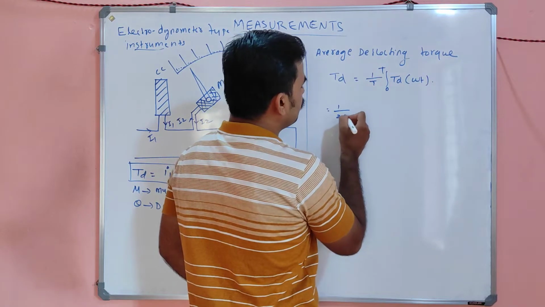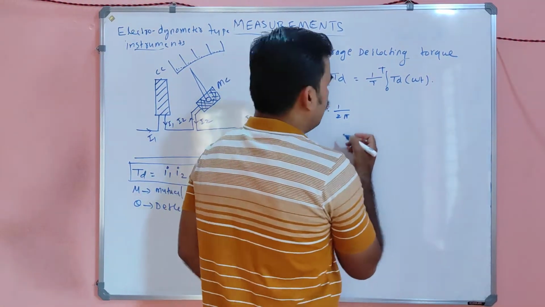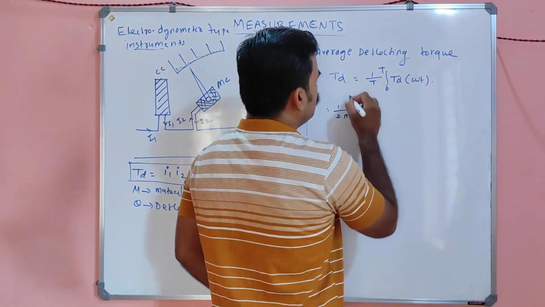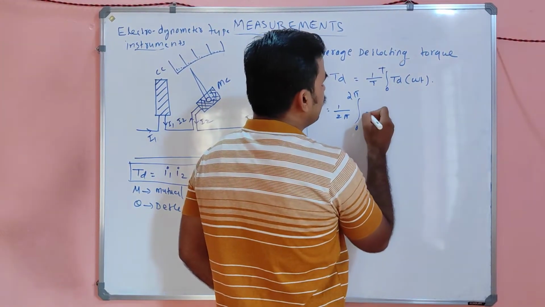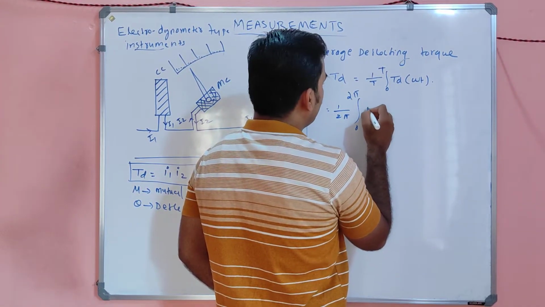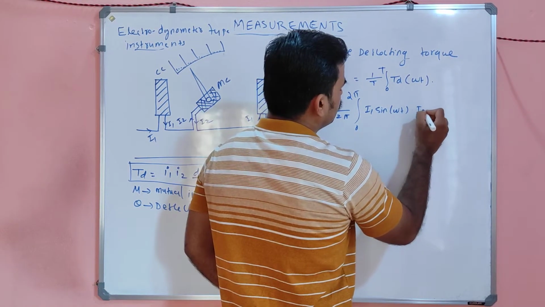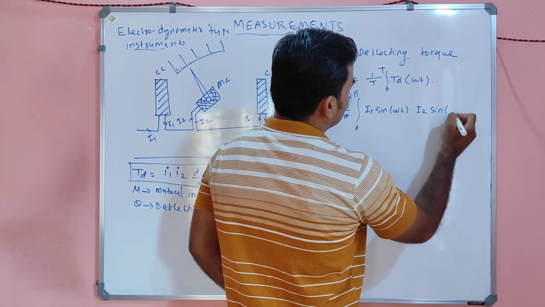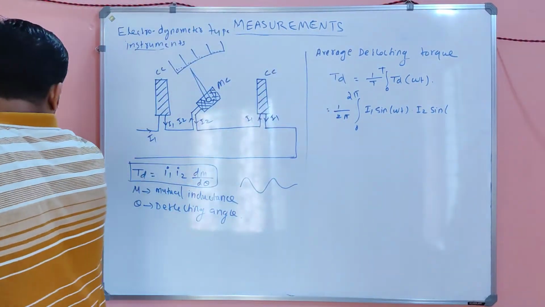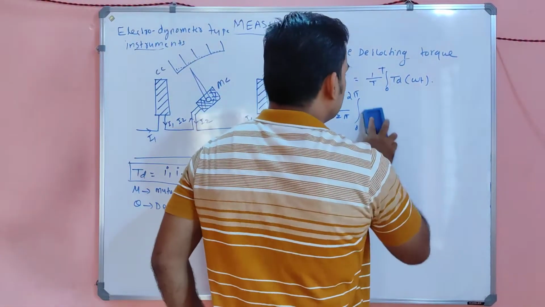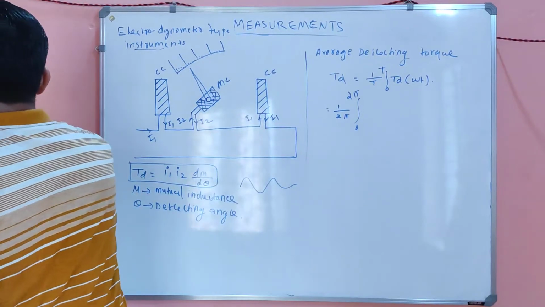Here the time period is nothing but 0 to 2 pi. Am I correct? And 0 to 2 pi of TD, it contains two terms. So can I write I1 sine omega t into I2 into... we already expanded it, right?